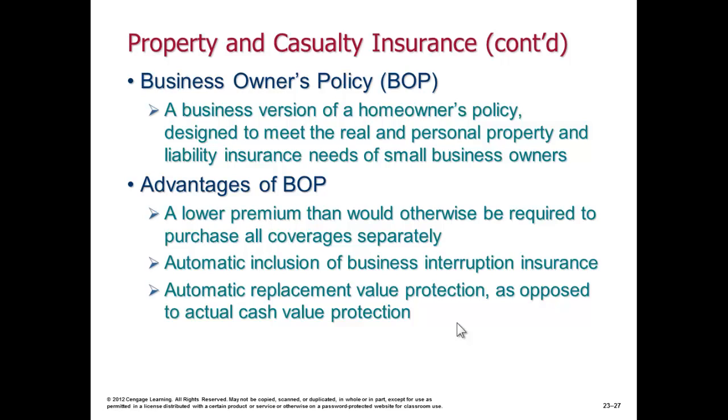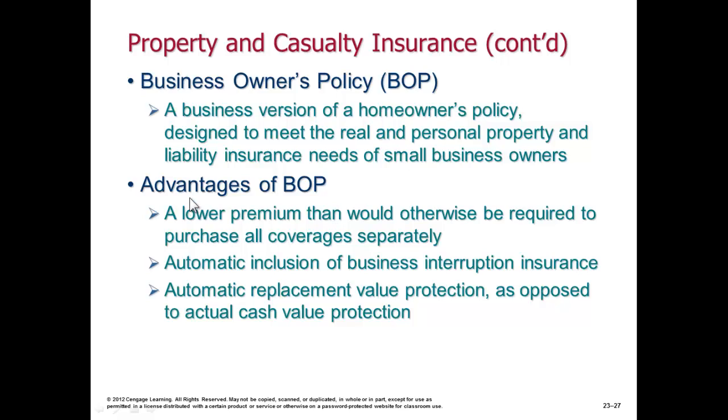So a BOP, that's a business owner's policy, is very much like a homeowner's policy. It's designed to cover a broad set of risks and needs for small business owners. And typically when you lump all these losses together, you end up with a lower net premium in this type of general policy than you might otherwise have incurred if you were going to insure each of the losses independently.